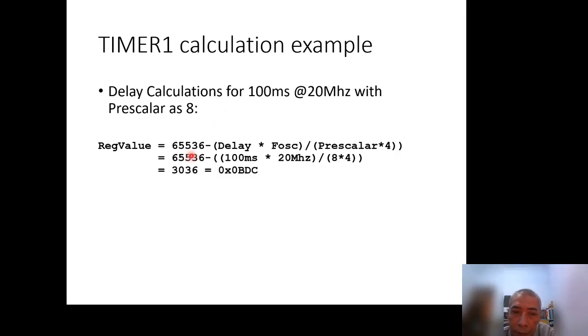The timer value is 65,536 minus delay multiplied by f oscillator and divided by prescaler multiplied by 4. So what we have here is 3036, or 0BDC in hexadecimal format. For this kind of calculation you can use software, just like our previous lecture, to calculate the timer 1 delay.